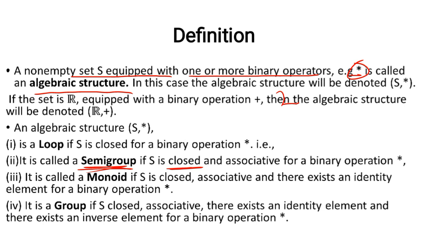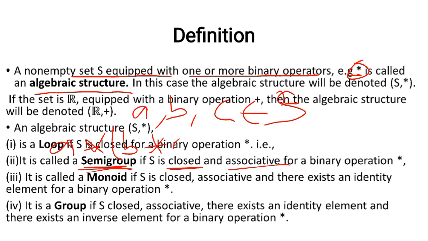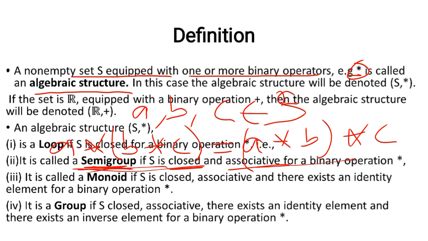It is also associative, meaning that if I pick three elements A, B, C in my set S, then A asterisk (B asterisk C) must be equal to (A asterisk B) asterisk C.